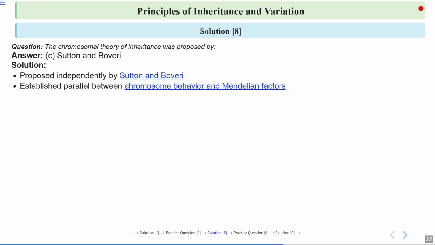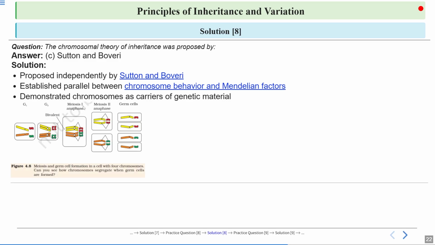They established a parallel between chromosome behavior and Mendelian factors. Mendelian factors are nothing but genes. Both chromosomes and genes behave in a similar manner because genes are present on the chromosomes. They demonstrated chromosomes are carriers of the genetic material, meaning genes are present on the chromosomes.